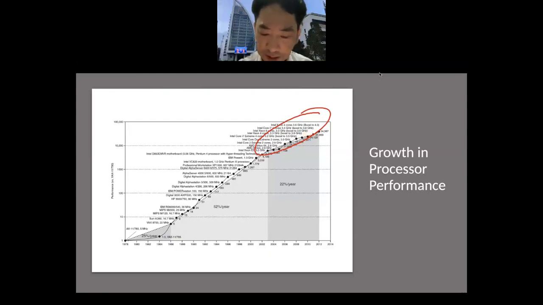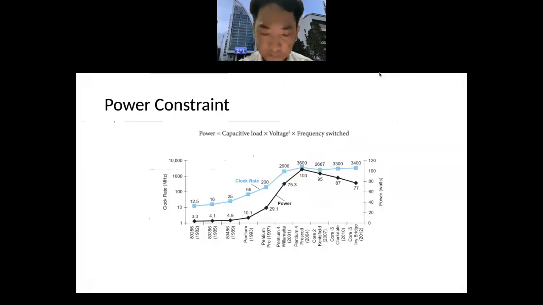Why do we have something like that? Look at this slide. Here we just zoom in, and we can notice that the frequency of the processor is almost stable around this point, 2 gigahertz, 3.6, 3.4 gigahertz, something like that. This is because we hit the power constraint.